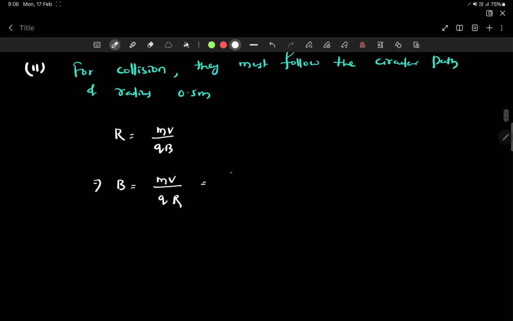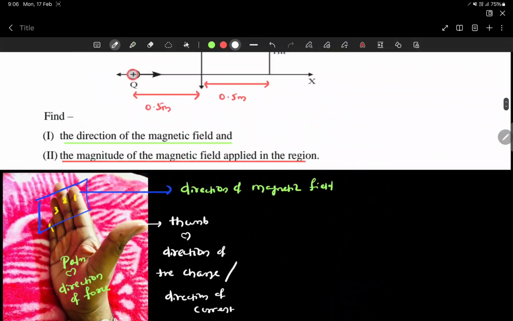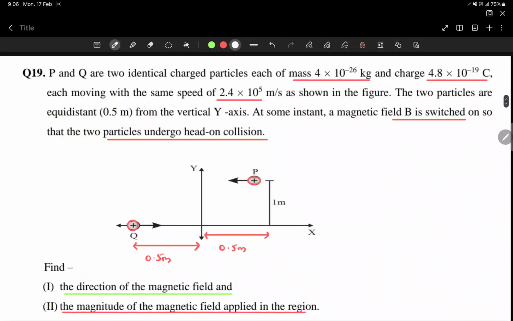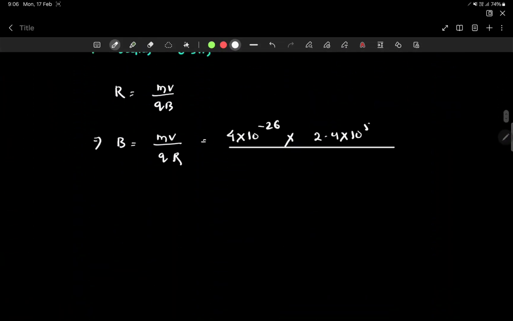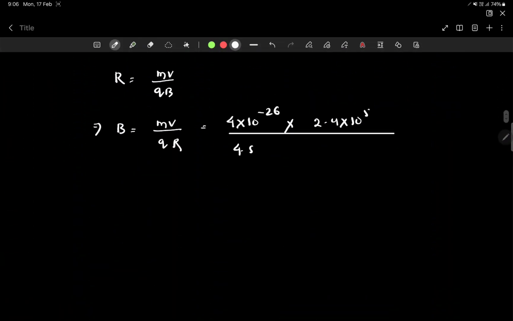The mass of the charged particle is given as 4 × 10^-26 kg. The v value is 2.4 × 10^5, mentioned in the given data, and the charge is 4.8 × 10^-19 coulomb. All the data are in SI units. With the radius value 0.5, if you solve you will get 0.04 Tesla.